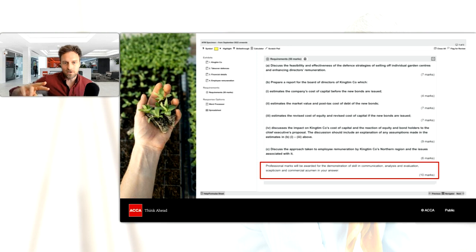The two things they were looking at is, should we start selling off individual garden centres to make it less attractive as a proposition for potential takeovers? Or should we enhance our directors' remuneration package so that if someone does take over, suddenly they get a big payout? Then they'd be less concerned if it did happen. So those were the two proposals.